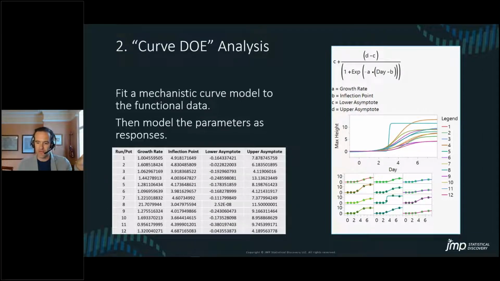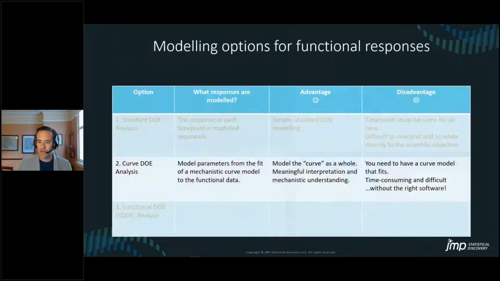You can see the fit there doesn't look very good, and maybe we needed a model that could actually model a kind of death phase, because it looks like the actual maximum height was decreasing later on for pot number 8, run number 8. So it does rely on having a curve model that fits the data, that's a good model of whatever process is actually generating that curve.